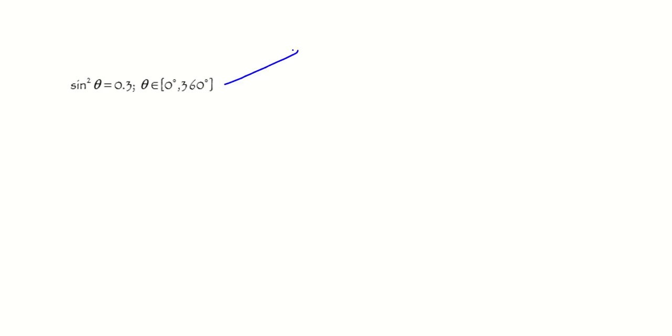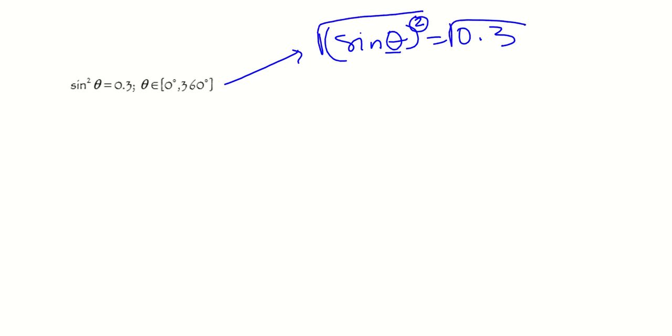If I were to take this sine squared of 0.3, which is the sine of theta squared equals 0.3, and I want to solve for theta, I've got to get rid of the squared. So if I take the square root of both sides, the square root gets rid of the squared, which leaves me the sine of theta.